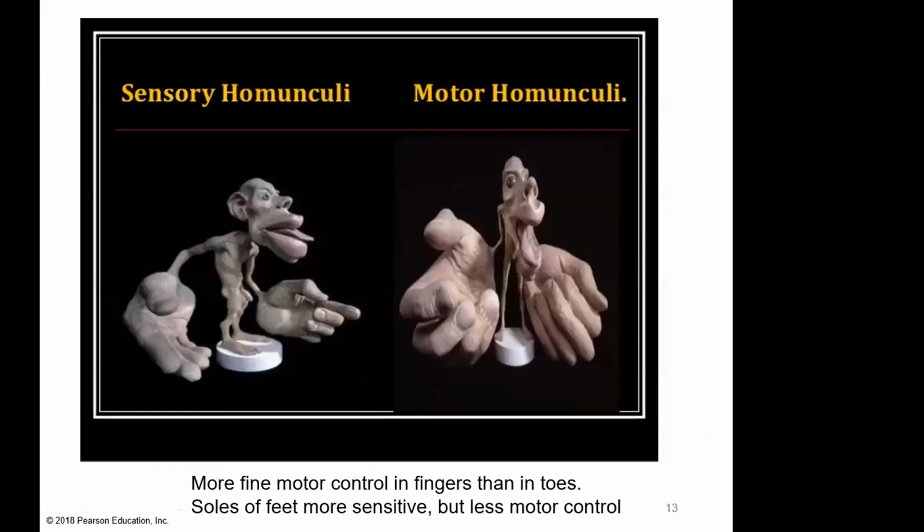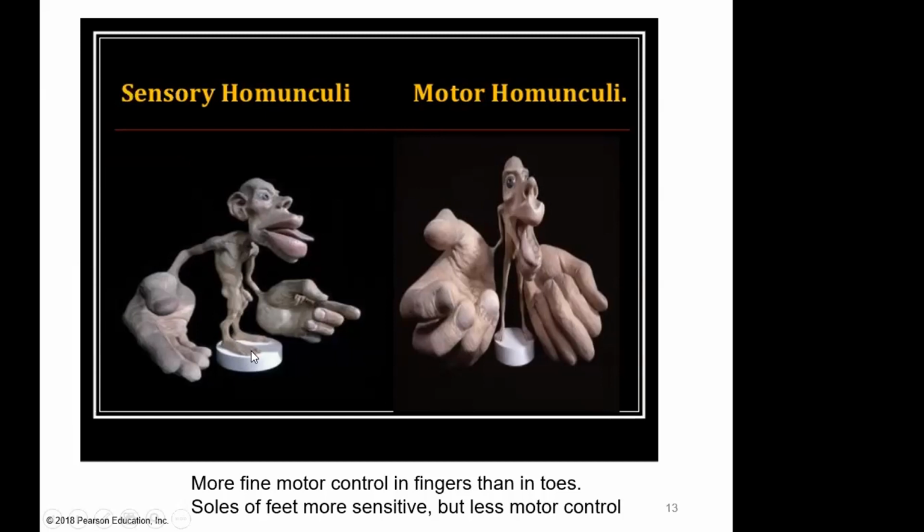If we look at a comparison picture, you can see here, this is what we talked about previously. So this is the sensory, and remember I mentioned the lip. We talked about how much sensory innervation is towards the lip or even towards the hands. Now, whenever you look at motor, you can see that they pretty much look the same, but if you take a closer and deeper look, you can see that you actually have much skinnier arms on this motor homunculus than you do over here on the sensory.